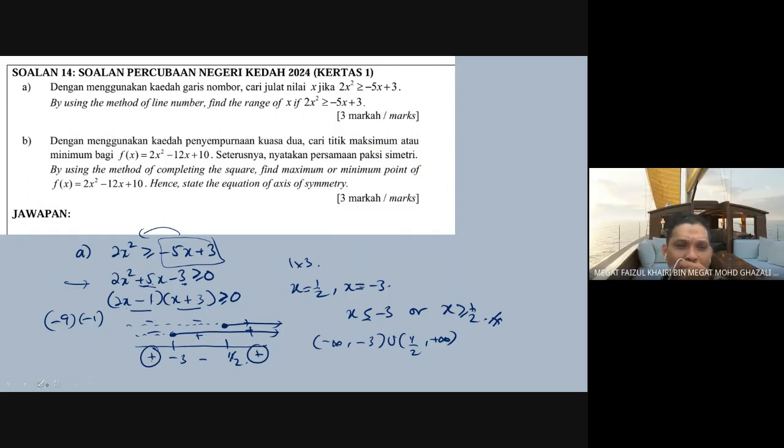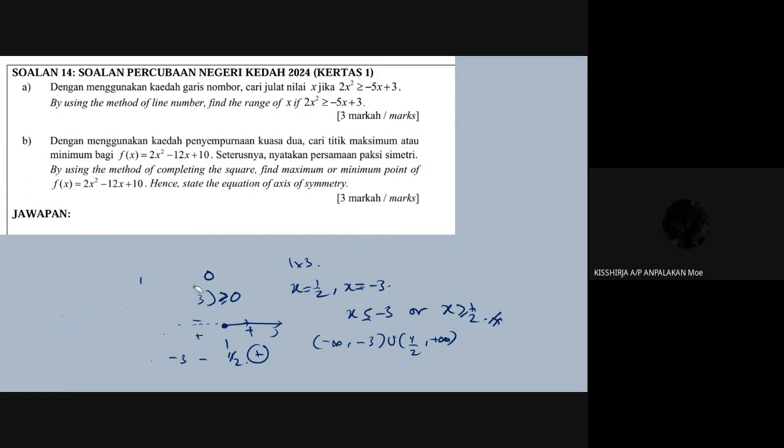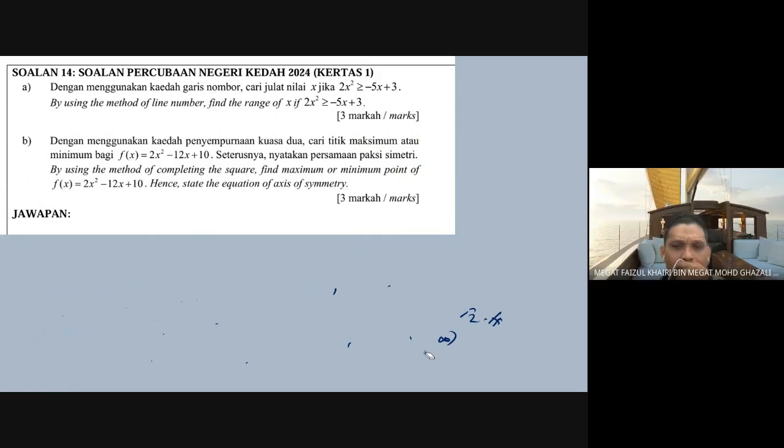Okay, last one, B. Okay. So we got 2x squared minus 12x plus 10.